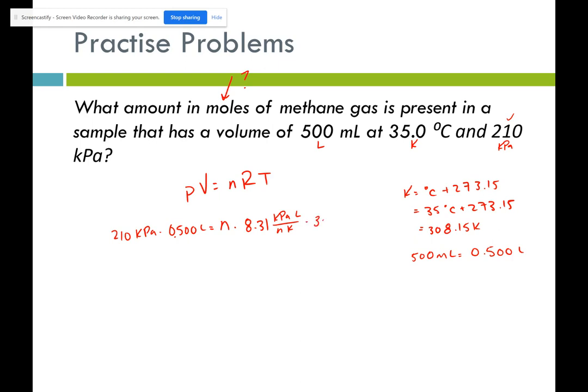And our temperature is 308.15 Kelvin. Now to get moles by itself here, we're going to divide by 8.31 kilopascal liters per mole Kelvin to get rid of this.